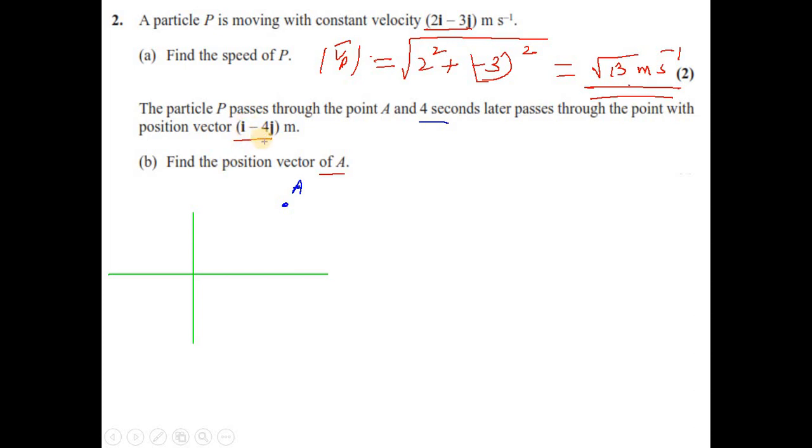This is the position vector after 4 seconds, so i minus 4j you can visualize as 1 and minus 4, something like this.